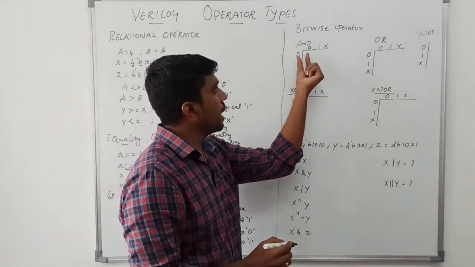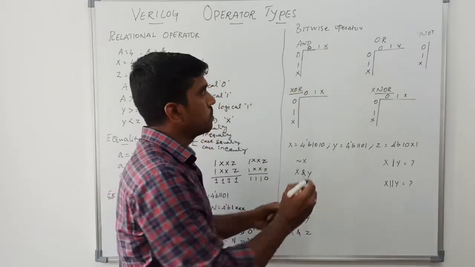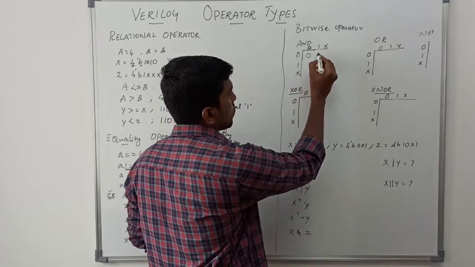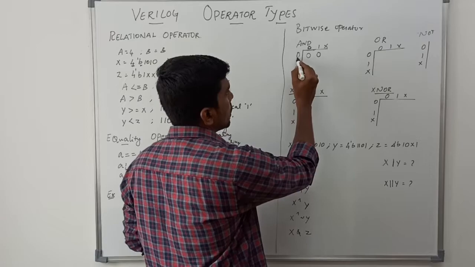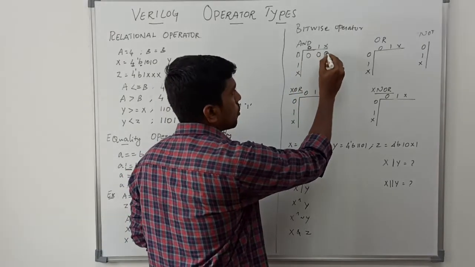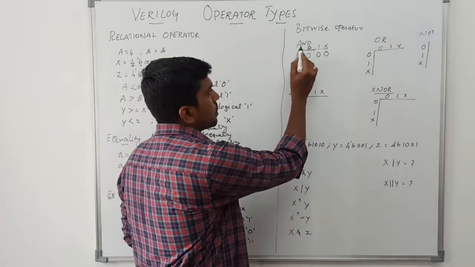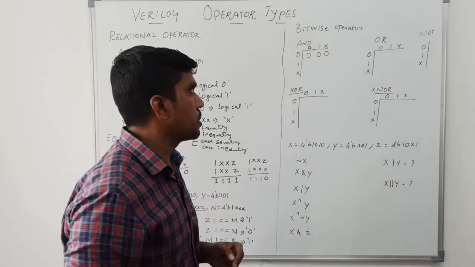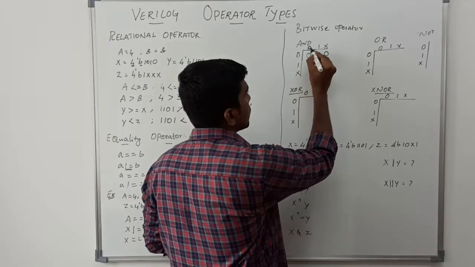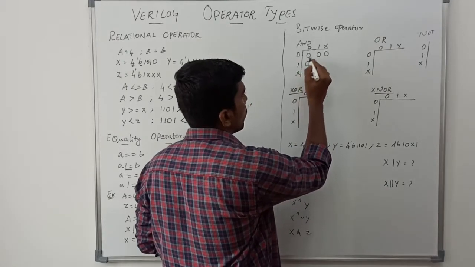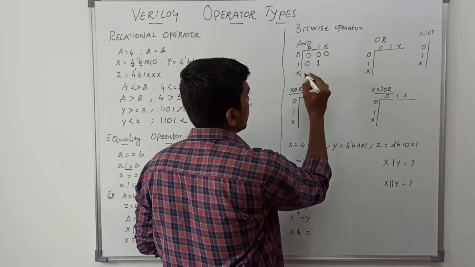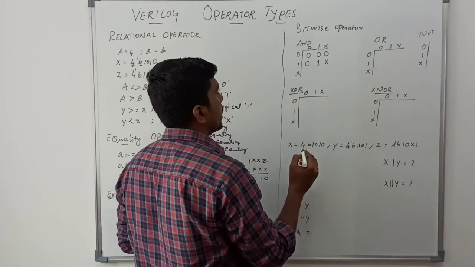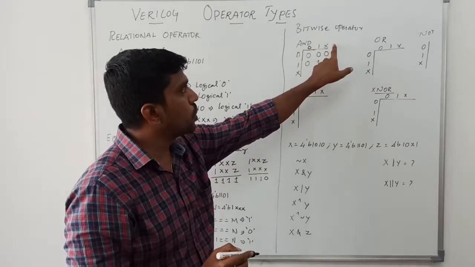So just apply the AND property bit by bit. 0 and 0, output 0. 0 and 1, output 0. 0 and don't care, output 0, because in this AND operation both the values must be high level for it to produce the output. So 1 and 0, result 0. 1 and 1, result 1. 1 and don't care, result is don't care, because this don't care value is 0 or 1.